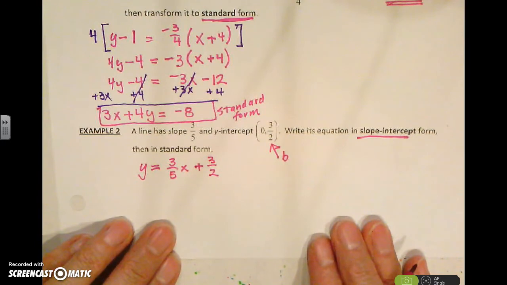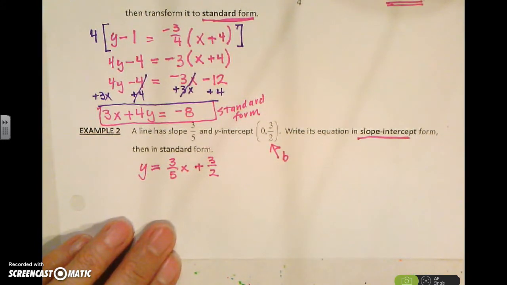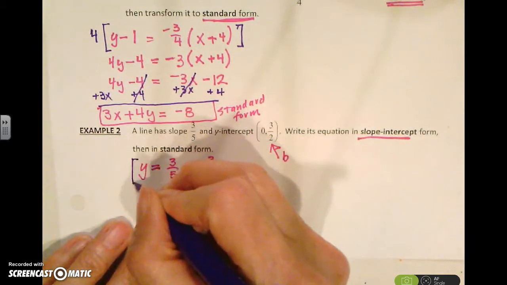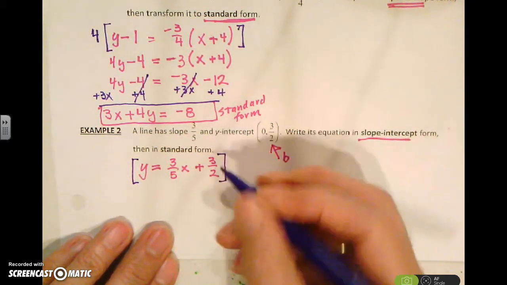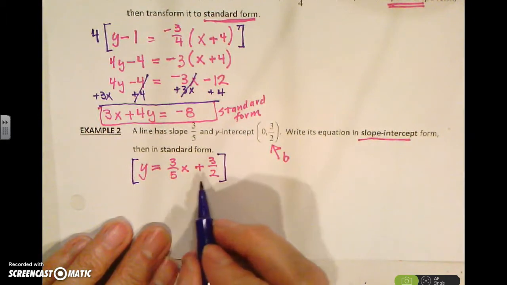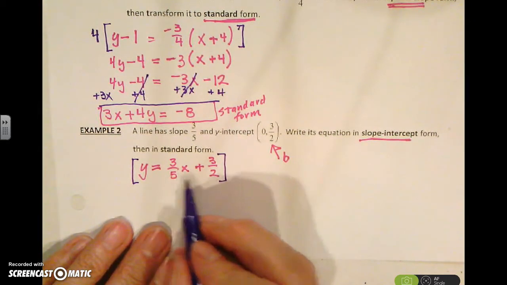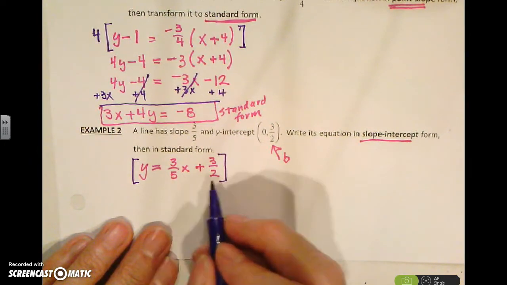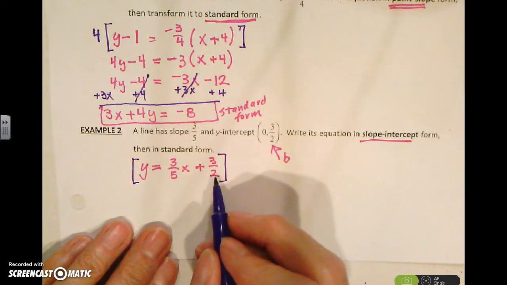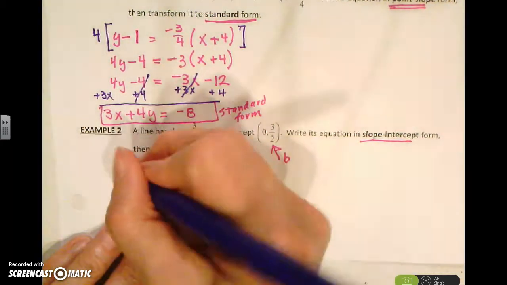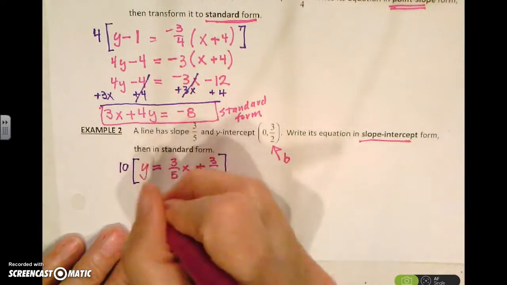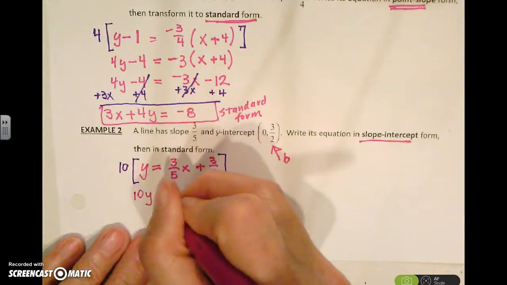So now I want to change it to standard form. So that means that I need to get rid of my fractions. So I'm going to multiply through, and I've got to multiply through by a number that is big enough that both 5 and 2 will divide into it. So I can't multiply by a 5 because 2 doesn't go into it. Can't multiply by 2. I'm going to multiply through by 10. So multiply through by 10, and that's going to give me 10y.